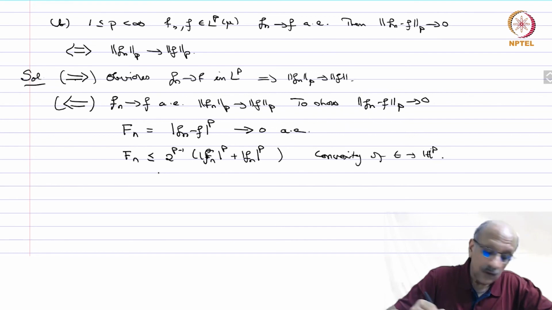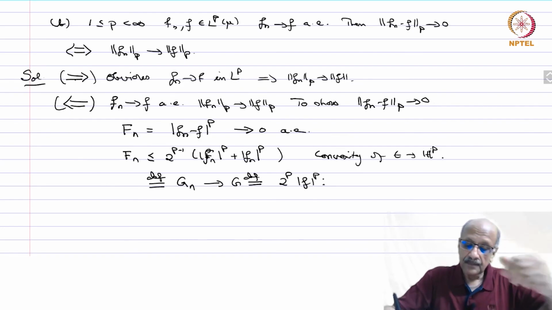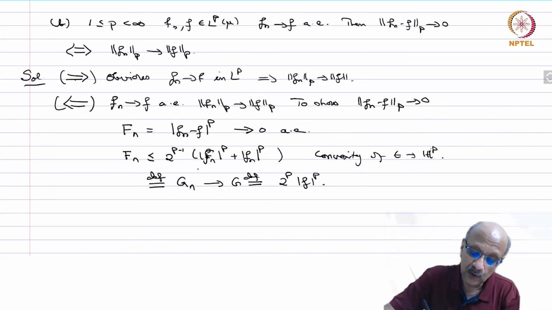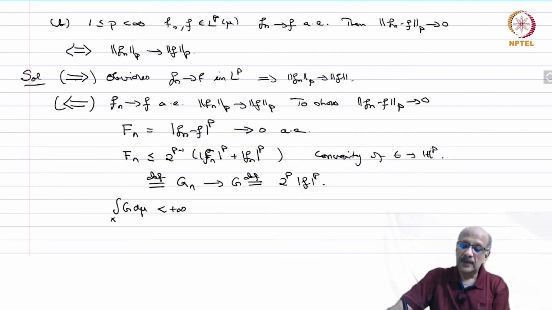Okay. So I am going to call this Gn. Then Gn goes to G, which again I am defining as 2 power p mod f power p, because Fn goes to F almost everywhere, so you get 2 power p mod f power p, and therefore this is the definition of G. And also you have that integral G d mu is finite, because integral of G is just 2 power p integral mod f power p, f is in LP, so we are using that information.